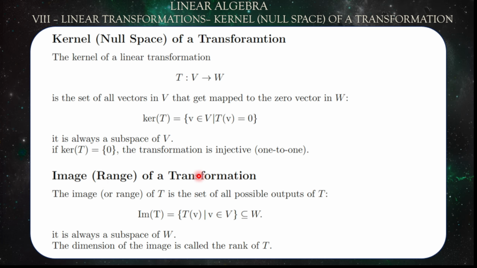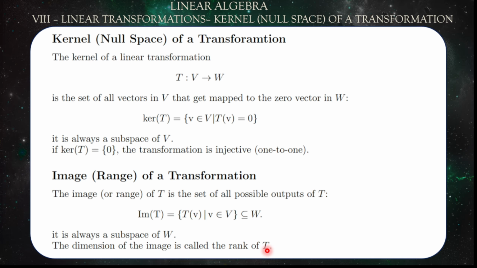Image or range of a transformation. The image or range of a transformation is the set of all possible outputs of T. So image of T is equal to T(V), the transformation of v, v within capital V, and it is included within W. It is always a subspace of W. The dimension of the image is called the rank of T. We've seen that before.